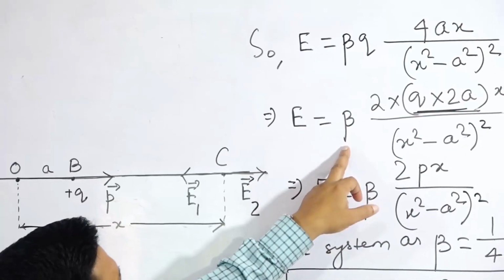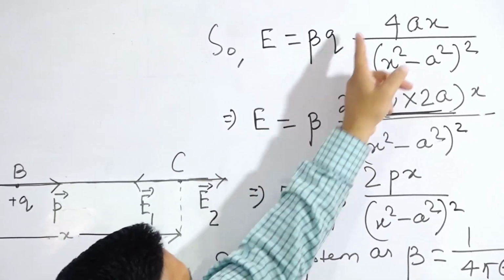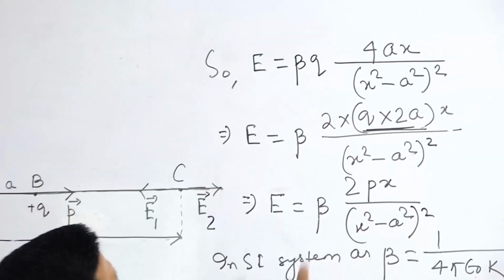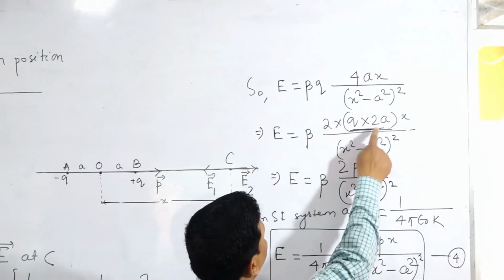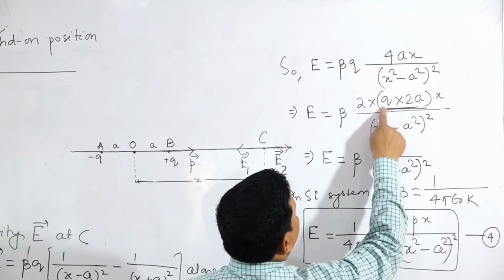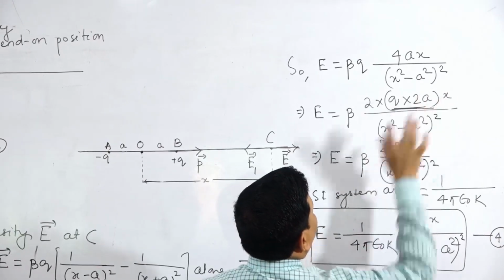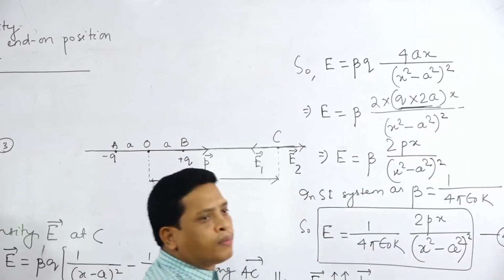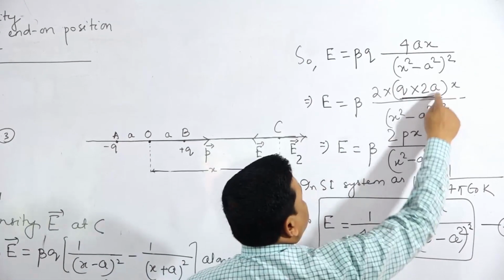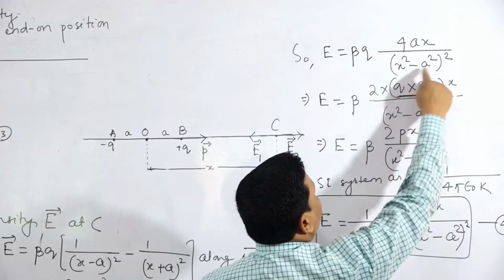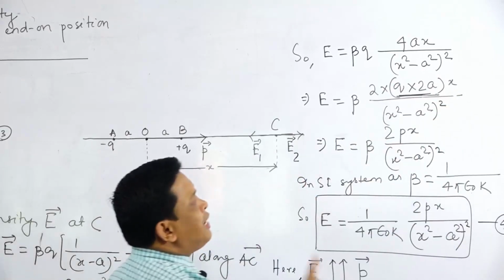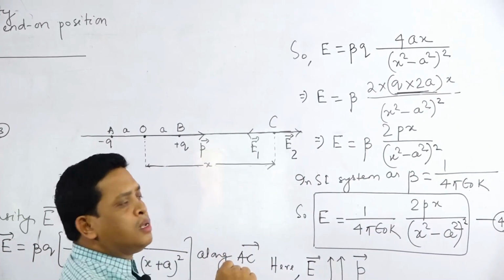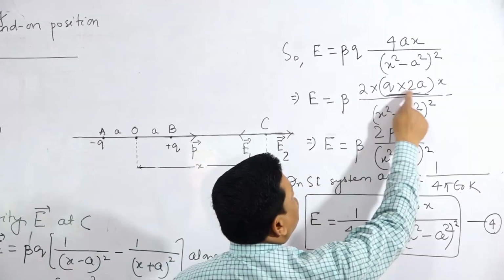E equal to beta. Now I have to arrange it. How have I arranged it? 4 Q into 2A into x, that is 2 into Q into 2A into x by (x square minus A square) whole square. I have done this to write it in the form of dipole moment. Dipole moment P vector has magnitude Q into 2A.